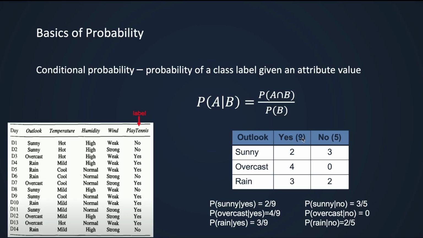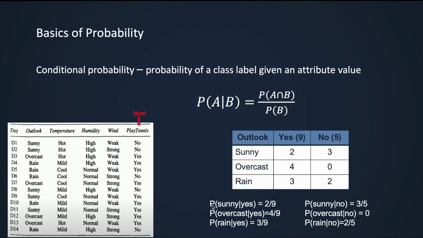Given this information, now we will draw a contingency table where we check for yes labels how many are sunny. Similarly, for label equal to no, how many are sunny. This way we draw a contingency table. Once we have this contingency table, the conditional probability is very easy to calculate.